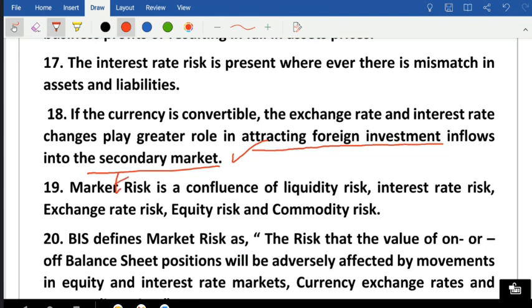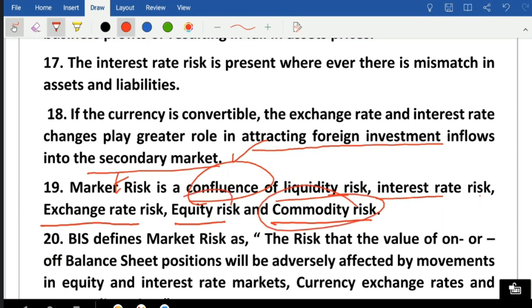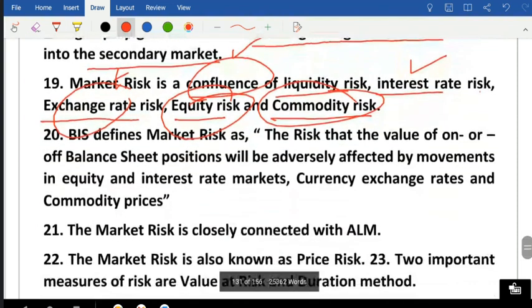Market is a confluence, meaning a merge, of liquidity risk, interest risk, exchange rate risk, equity risk, and commodity risk, because all these are traded in the market. Commodity, equity, exchange, and interest rate all depend on market conditions. So market risk is nothing but the confluence of all these.